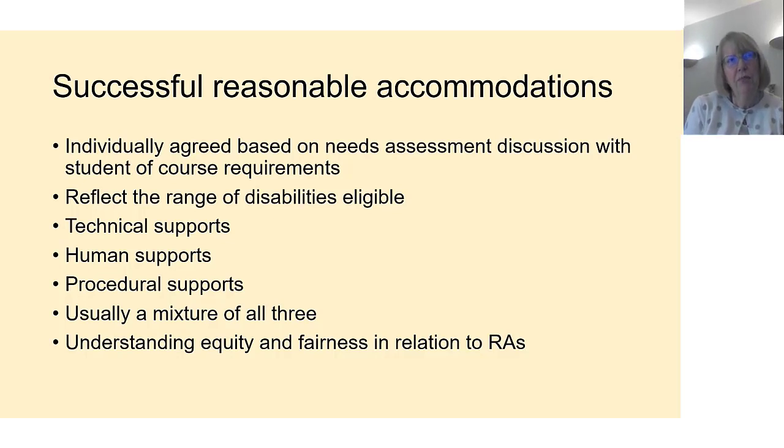So I've arbitrarily divided the reasonable accommodations into three areas. Technical supports, which are growing in terms of not only popularity, but also ease of availability. Human supports, the most expensive kind. And obviously, a lot of universities are trying to move towards more technical and less human supports. But that, again, depends on the range of disability.